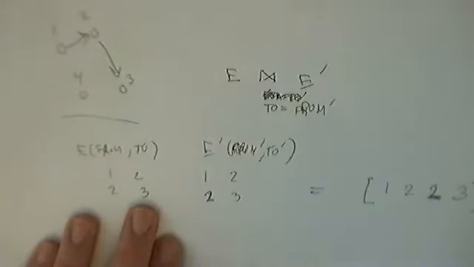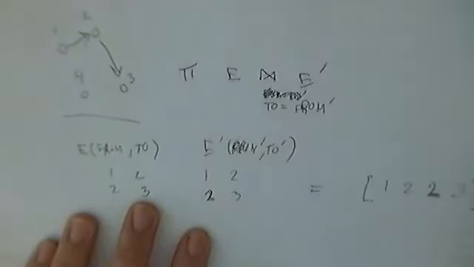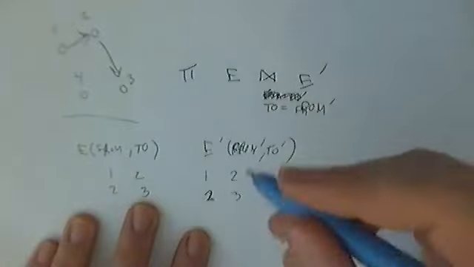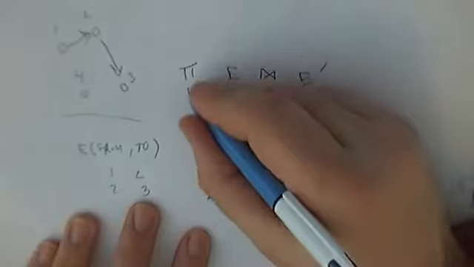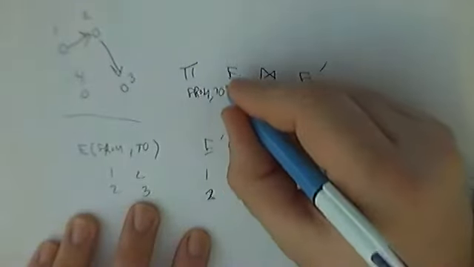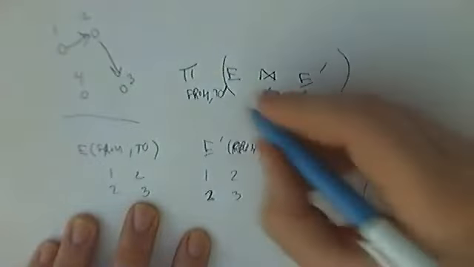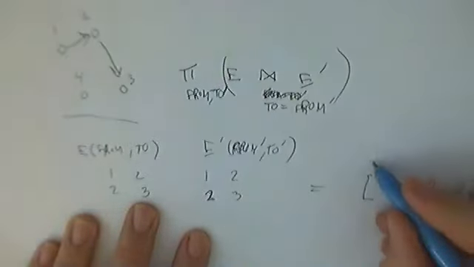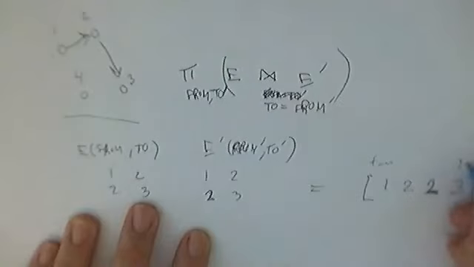Now, if I take this right here, and then I project out, let's see, I've got to get this right: from, and then to prime. This is from, and this is to prime.